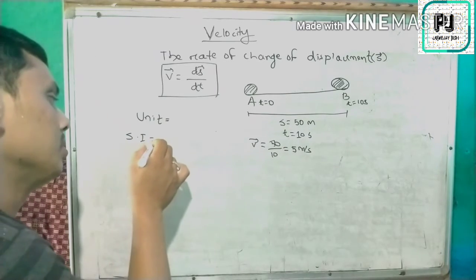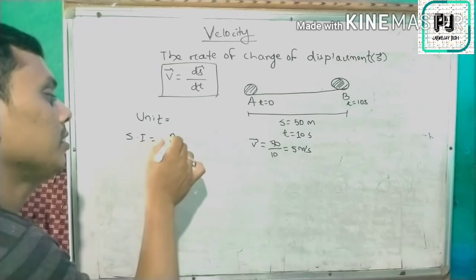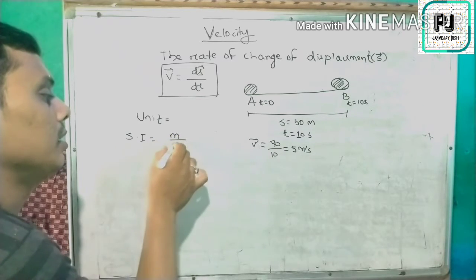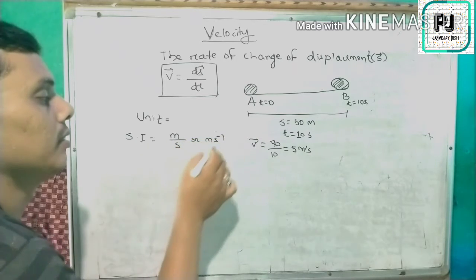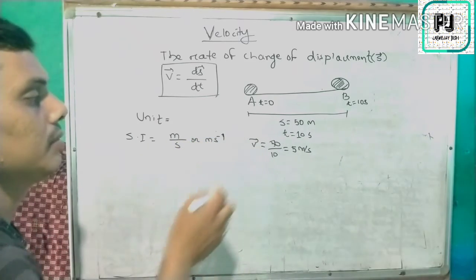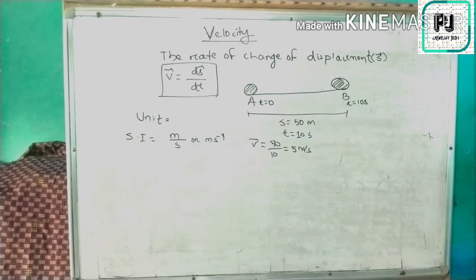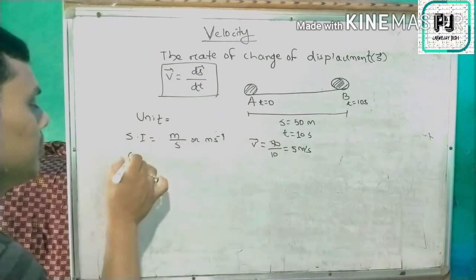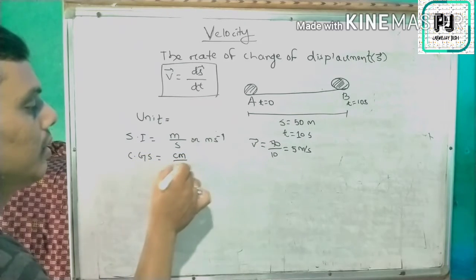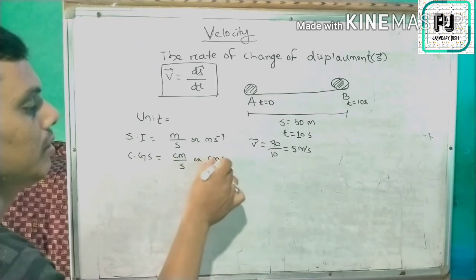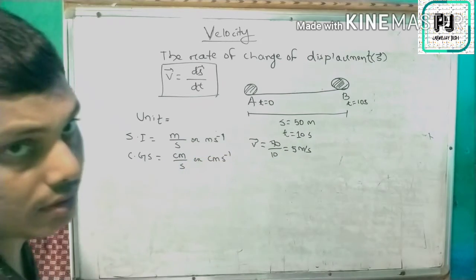The SI unit of velocity is meter per second, meter divided by second. In the CGS system, this is centimeter divided by second, or centimeter per second. These are the two types of unit.